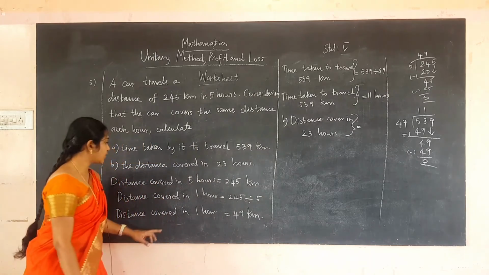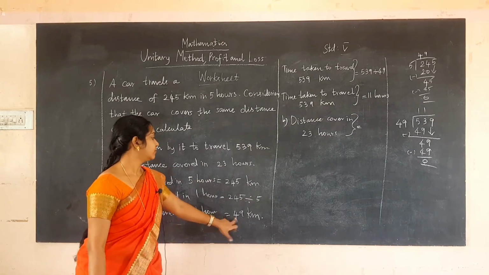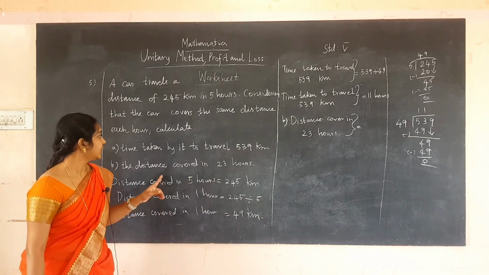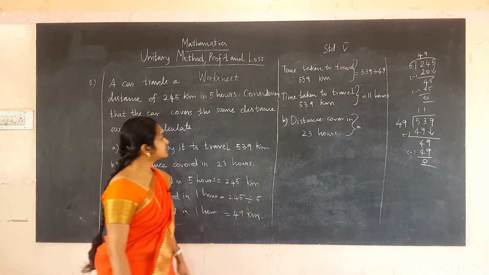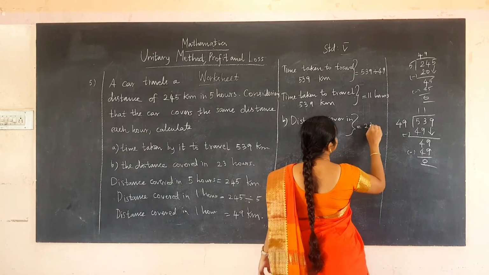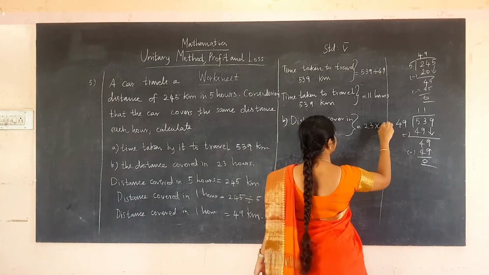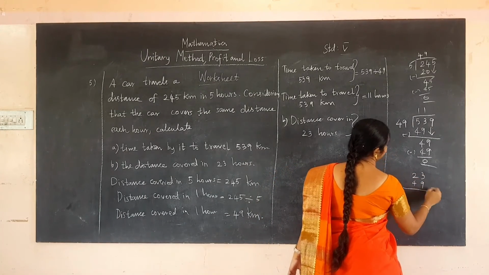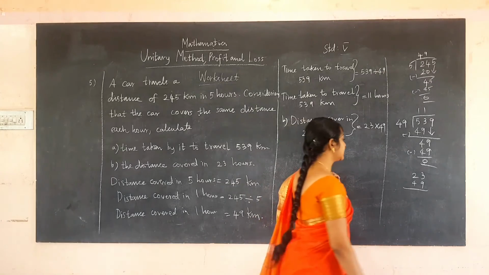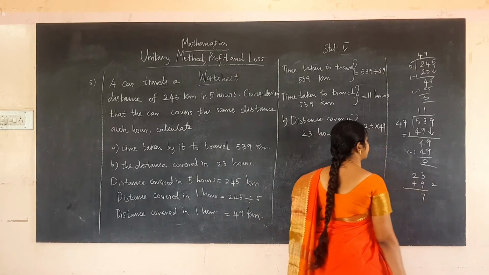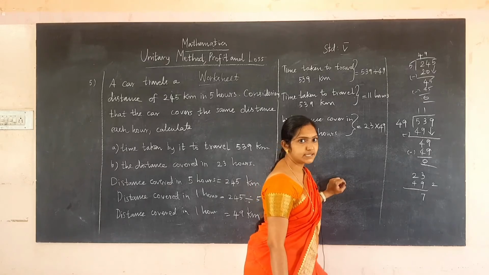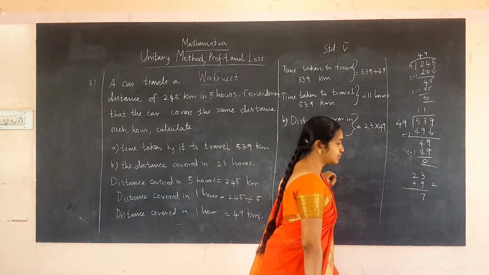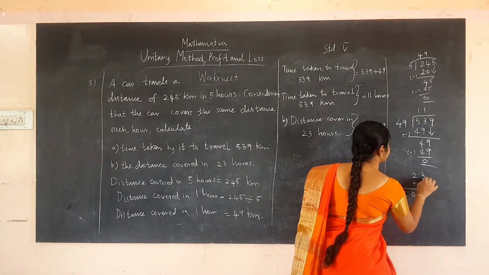Distance covered in 1 hour is 49 kilometer. Then distance covered in 23 hours, we have to multiply 23 and 49. 9 threes are 27. 2 is remaining. 9 twos are 18. 18 plus 2 is 20. 4 threes are 12.